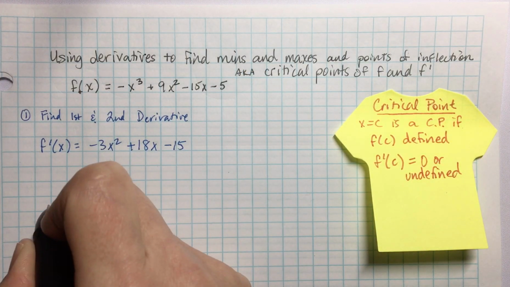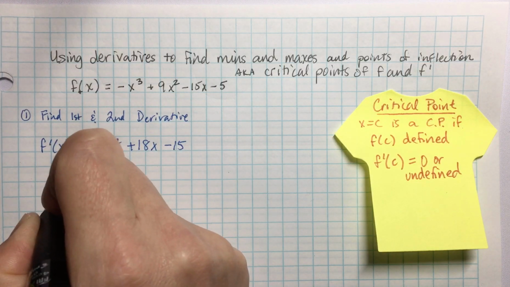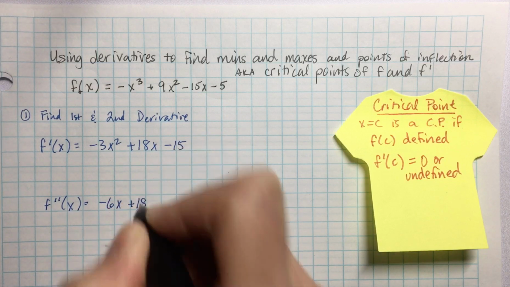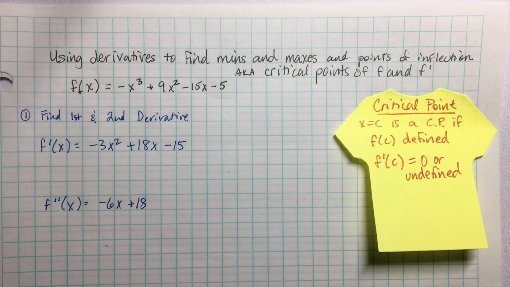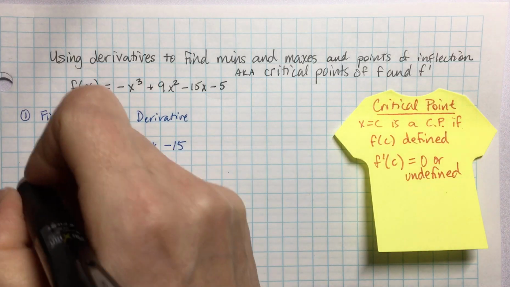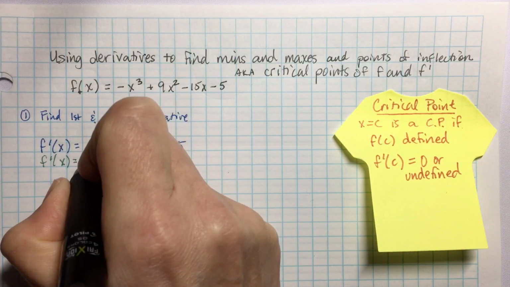And then I'm going to skip a couple of lines because I'm going to be using some space. So f double prime is negative 6x plus 18. In order to find where the first derivative equals 0, you can use the quadratic equation, or you can factor this, which is what I'm going to do, because I find the quadratic equation annoying.